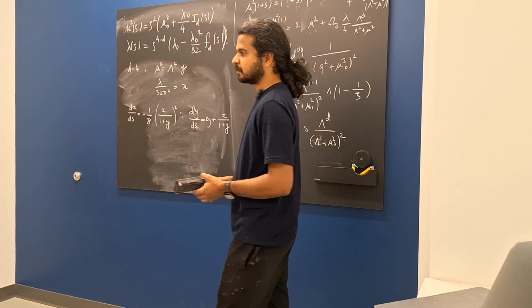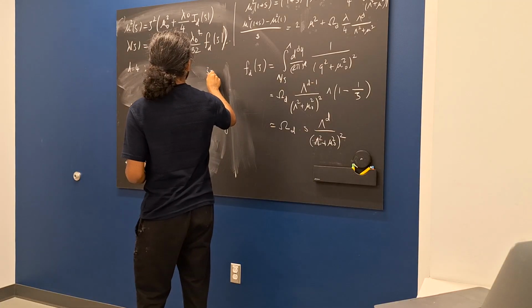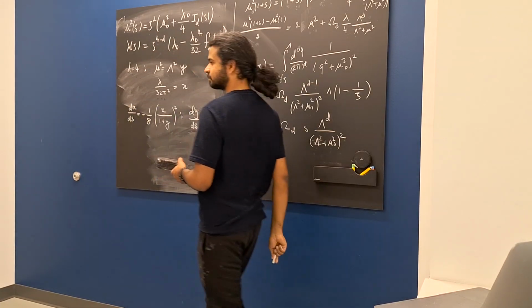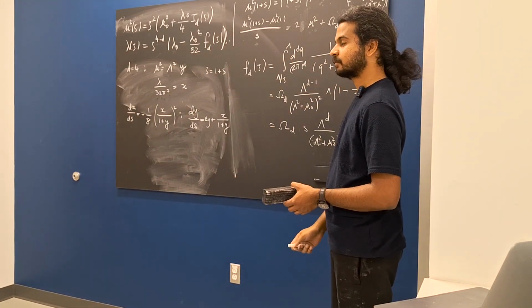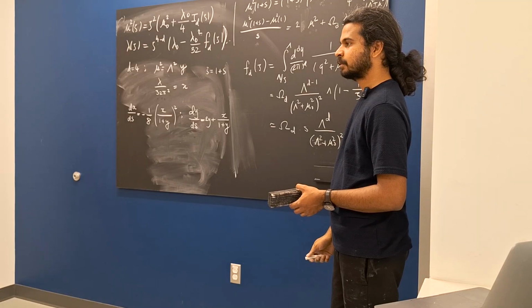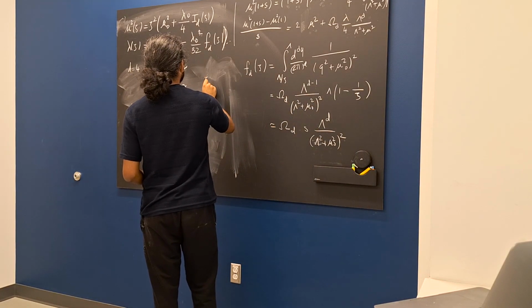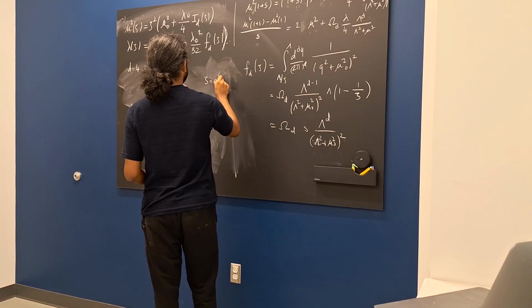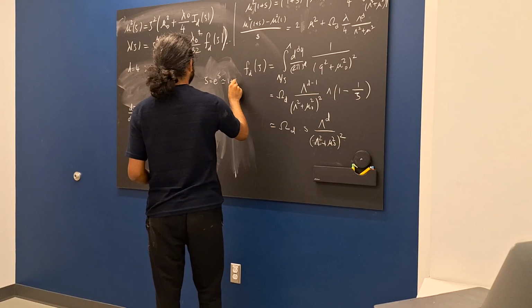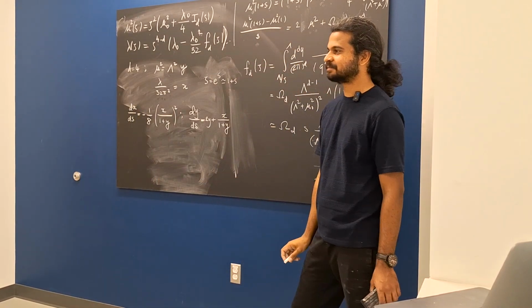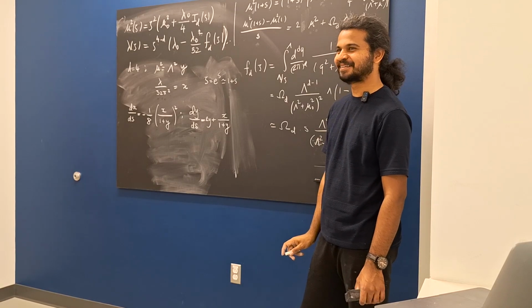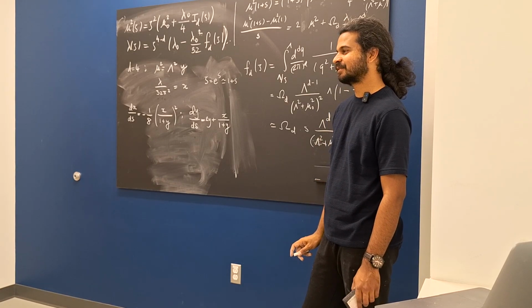Zeta is 1 plus S, so S equals zeta minus 1. Zeta is e to the S, approximately 1 plus S. So if instead we did zeta equals e to the S, then this would be exact.